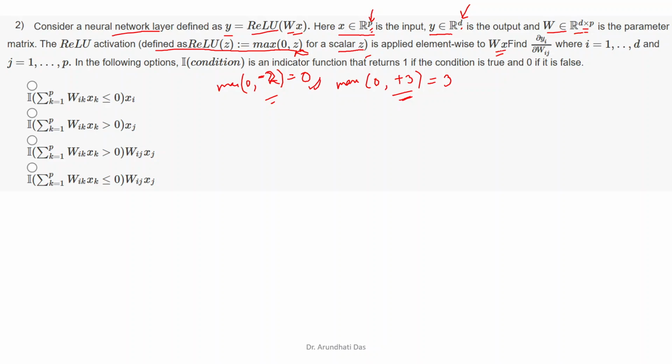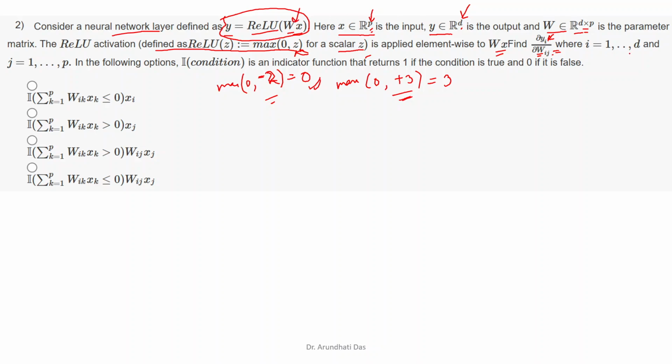Now what do we need to find out? We need to find the derivative of yi with respect to wij. What is yi? yi is the output after applying the ReLU function on all the hidden layers.